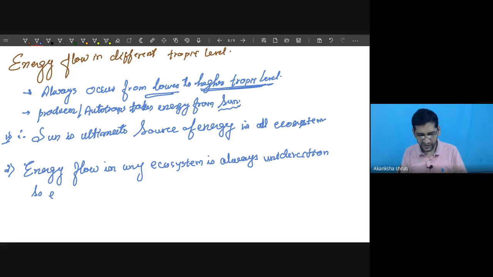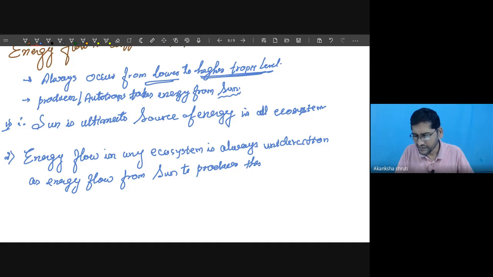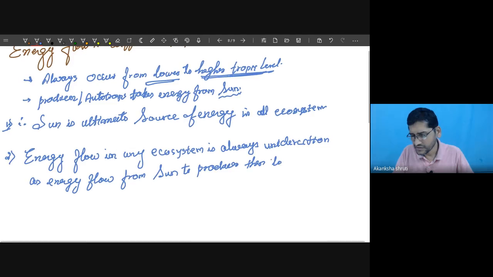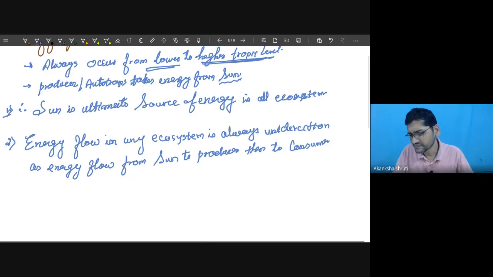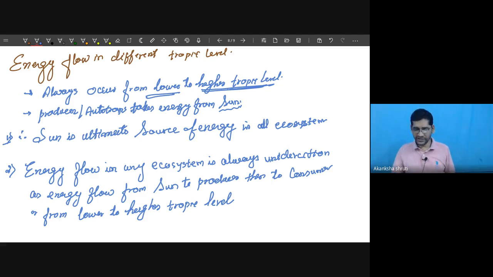Or we may write the cause as: energy flows from sun to producer, then to consumer, or from lower to higher trophic level. Okay students, it is this one.